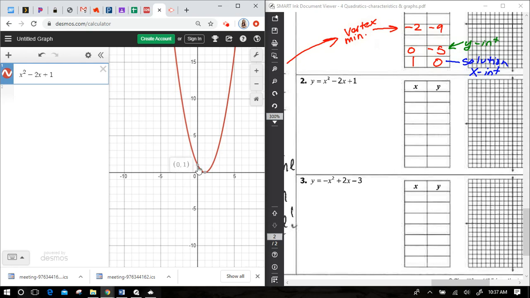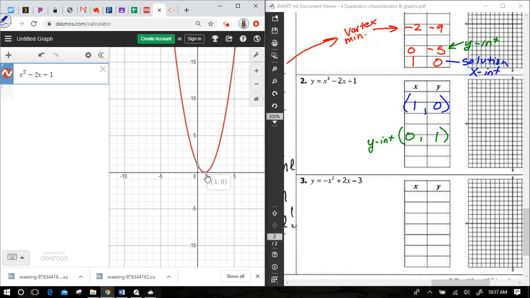So right here I have a 0, 1. That is my y-intercept. Then I have another point right here, which is 1, 0.